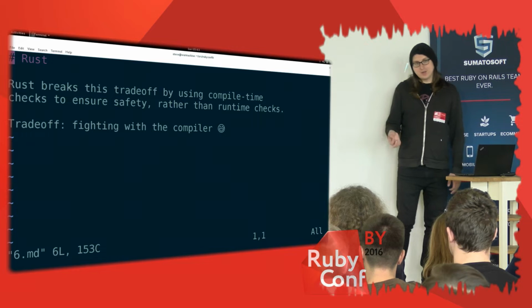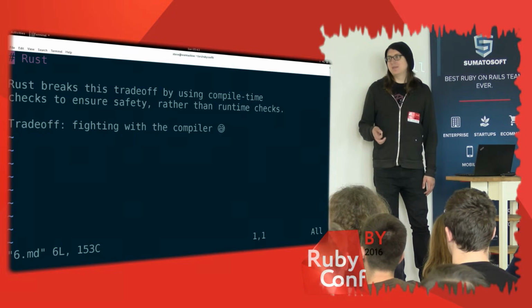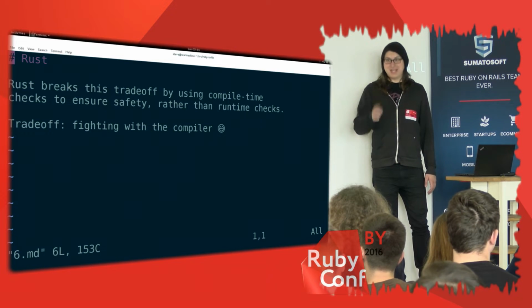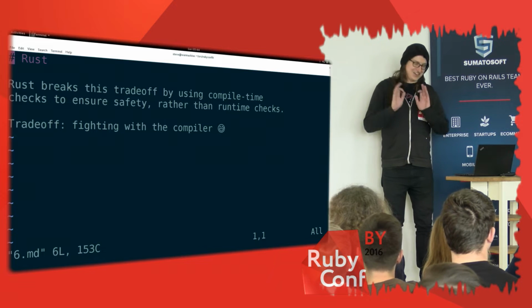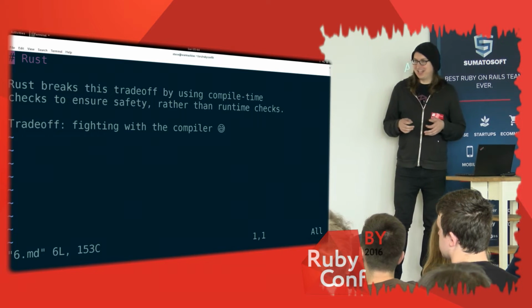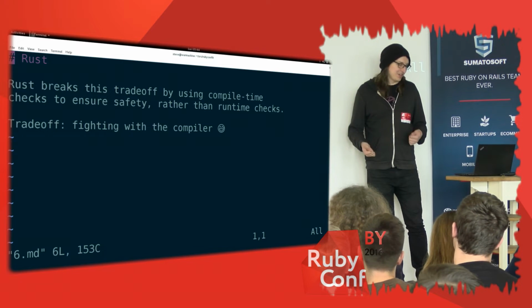I don't like to call it that. I like to think of the compiler as a good friend of mine telling me I'm about to do something really stupid: you're about to make a big mistake, please don't do that. And I'm like, okay, thank you. So to me, it's a much more friendly relationship than a fist fight, but it makes people frustrated, and so they describe it as fighting with the compiler.